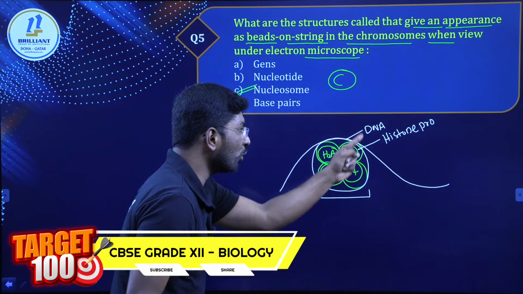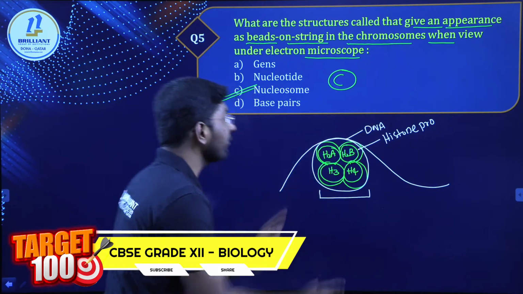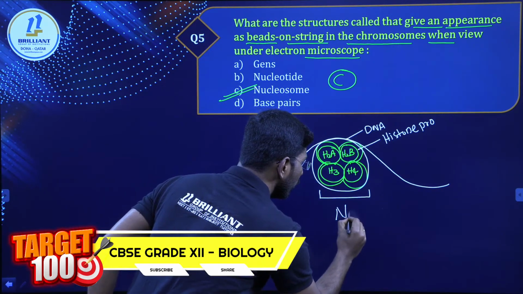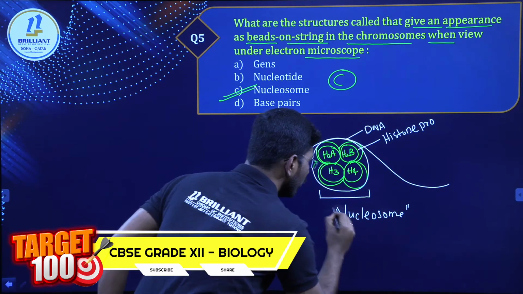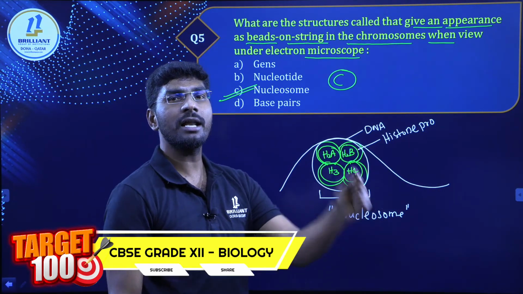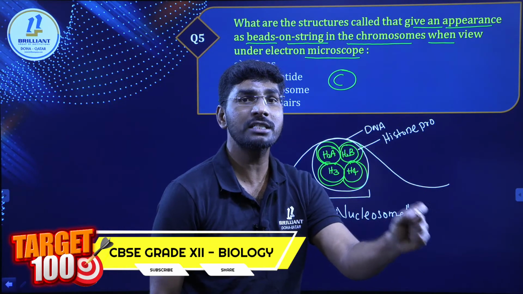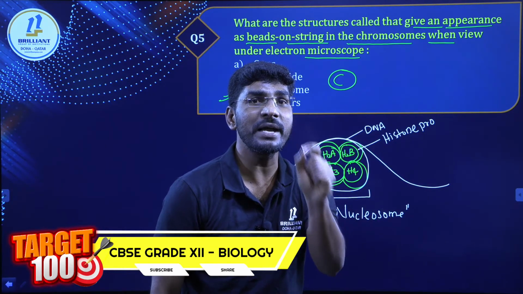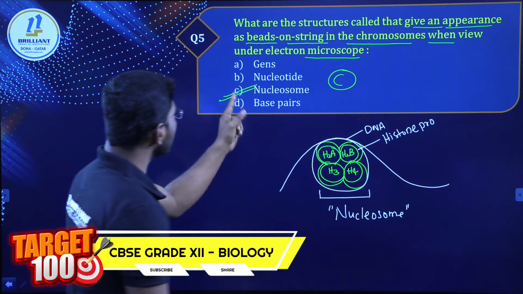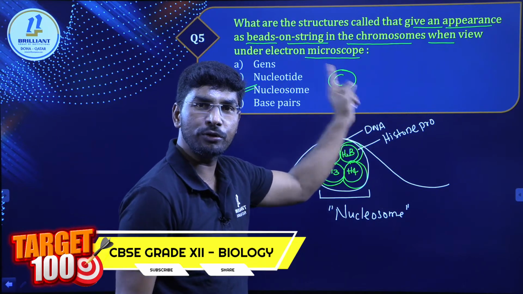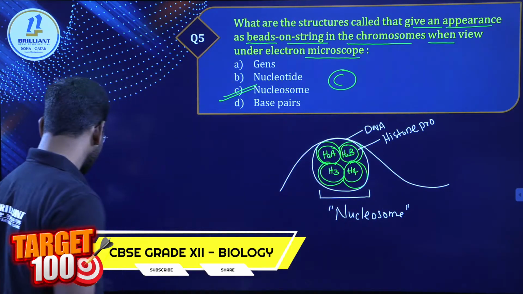So this histone protein plus DNA together we are calling what? Tell me. Nucleosome. Remember all of you, nucleosomes are rich in lysine and arginine amino acids. Nucleosomes are basic in nature. You understand my point? Now the right answer is nucleosome. Look at the next question.